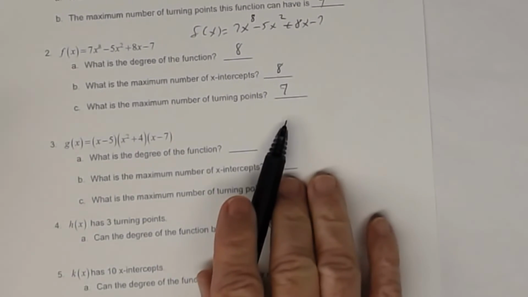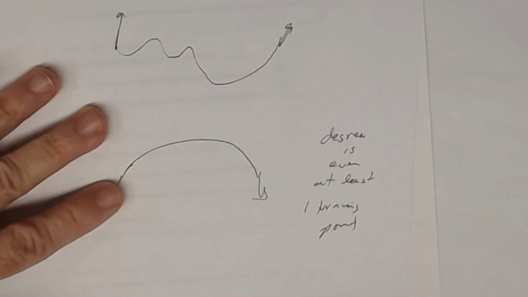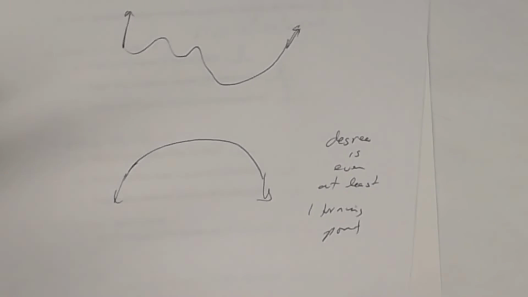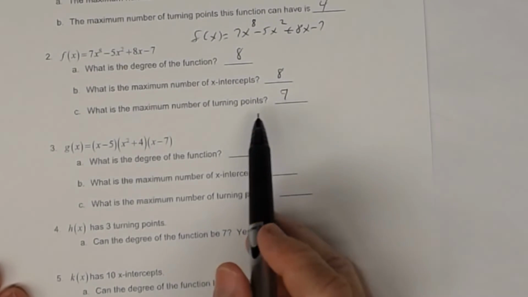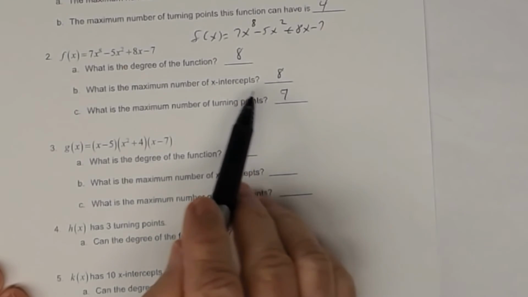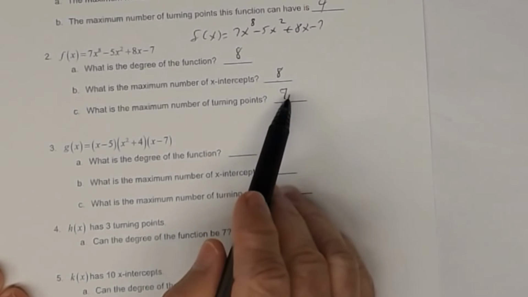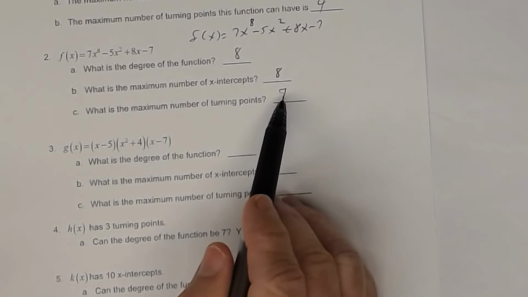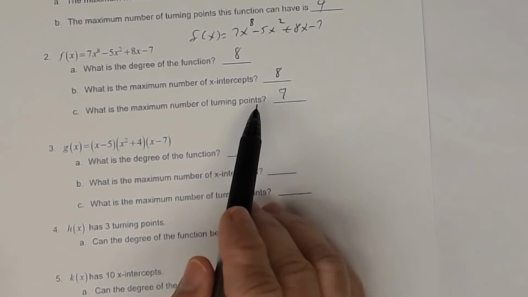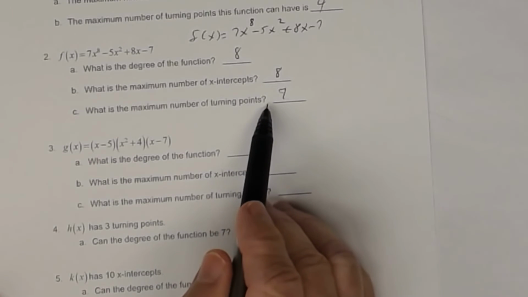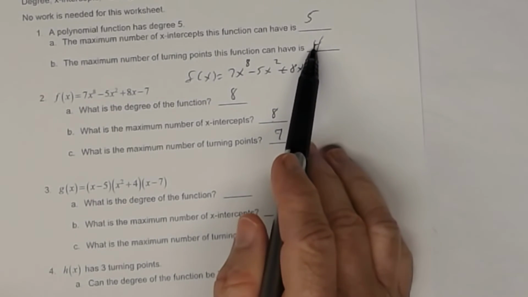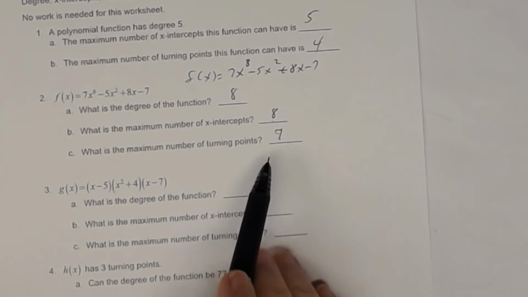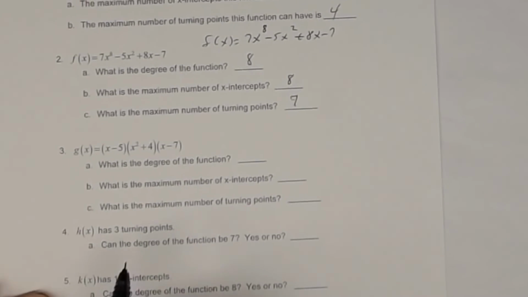Now, to answer the question, you didn't have to know all about this, but that's something you're going to learn. Since the degree is 8, the maximum number is 7. But since it's even, it can go from 7, 6, 5, 4, 3, 2, or 1. You cannot say there aren't any like you did when we talked about this one. So just keep that in mind.